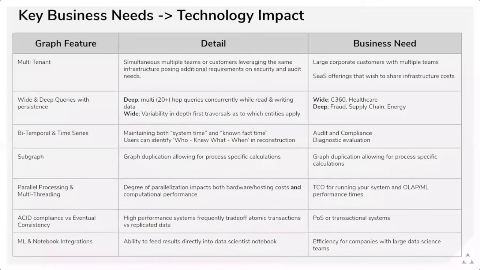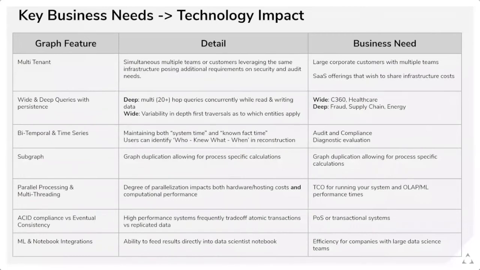So let's talk a little bit about each of these detailed features that may be important in your case, right? Multi-tenant solutions are important if I've got multiple teams that need to be looking at the same instance at the same time. We talked a little bit about cross-departmental situations, but maybe I've got some sophisticated security system where I need to have some teams that span business units and some teams that do not.